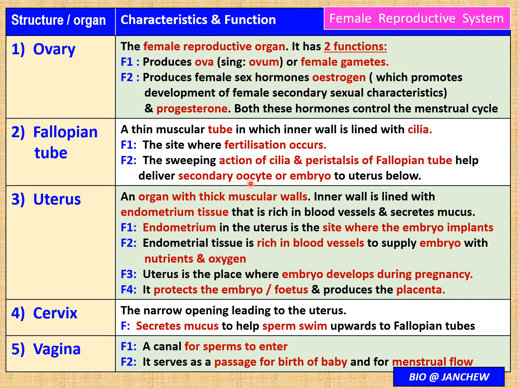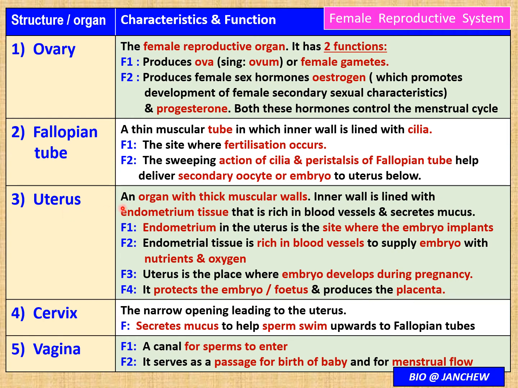The secondary oocyte is just an immature egg cell, and an embryo is formed if there's fertilization. So these structures will be swept and moved down to the uterus.